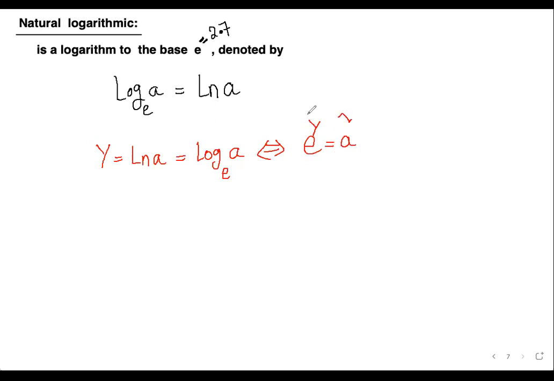And this is the same as converting the ln to the e function. Any question? So this is y here. e to the y equal a.